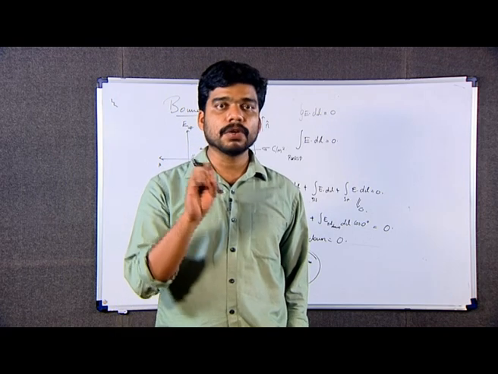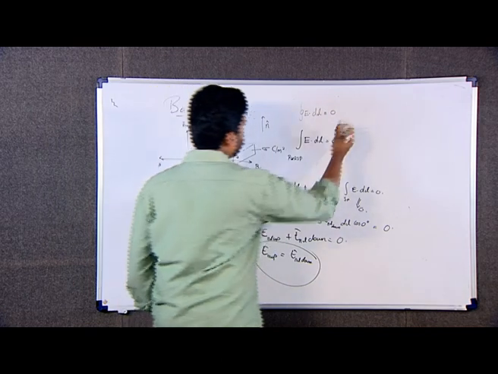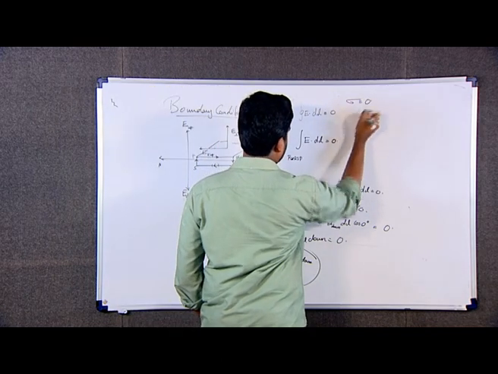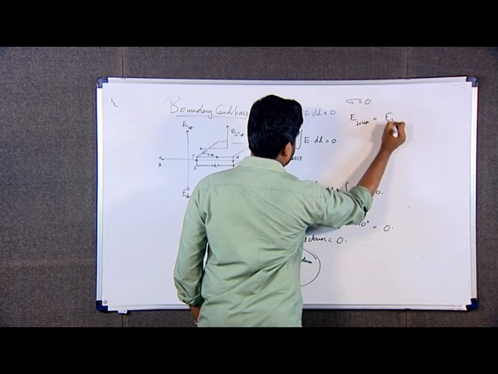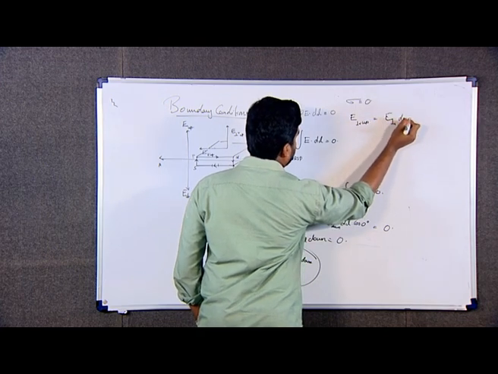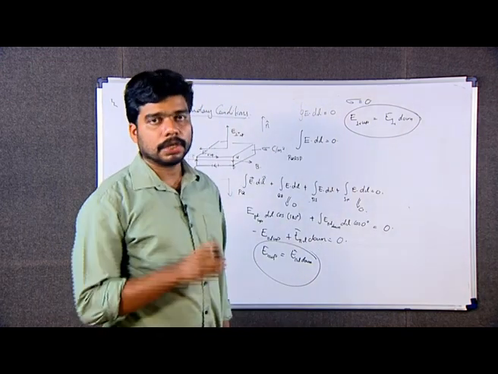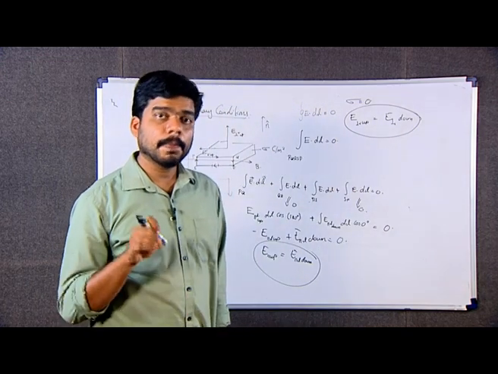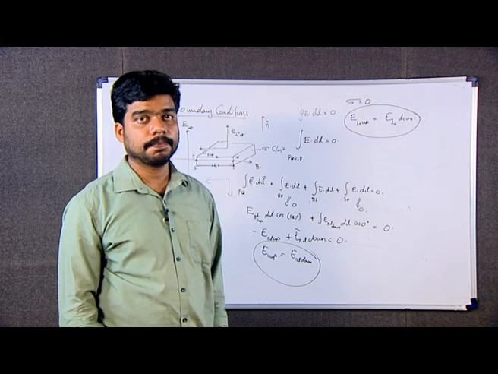If sigma is equal to 0, what about the perpendicular component? If sigma is equal to 0, then E perpendicular up is equal to E perpendicular down. If the surface is free of charge, then the perpendicular component also is continuous at the boundary.